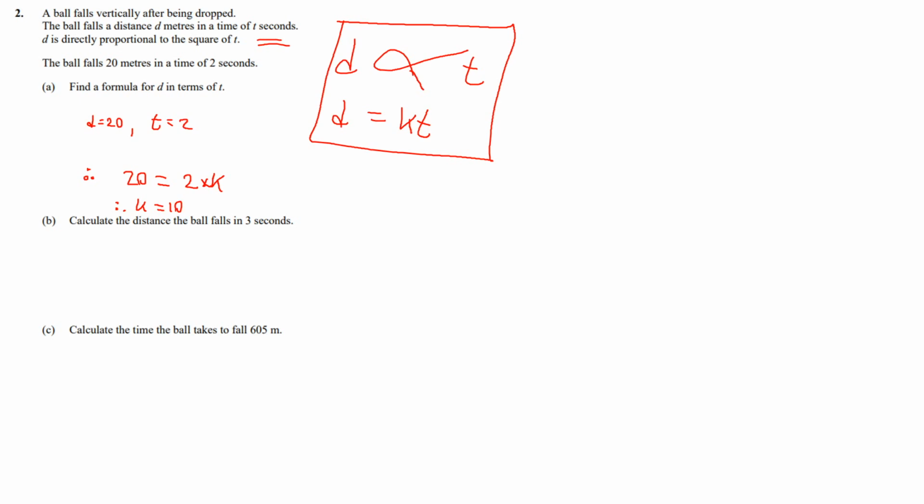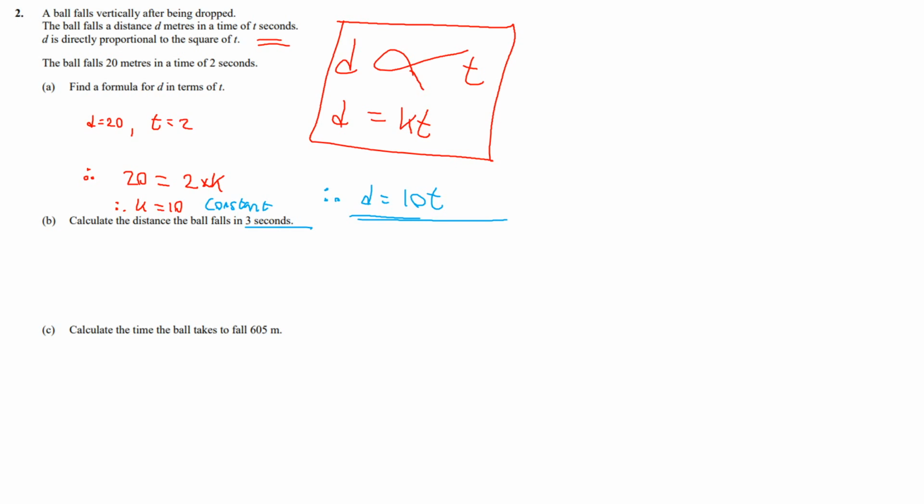Now, for this example, k is constant. Okay? This means it doesn't change throughout the question. And so therefore our formula is just going to be d is equal to 10t. That's our formula.